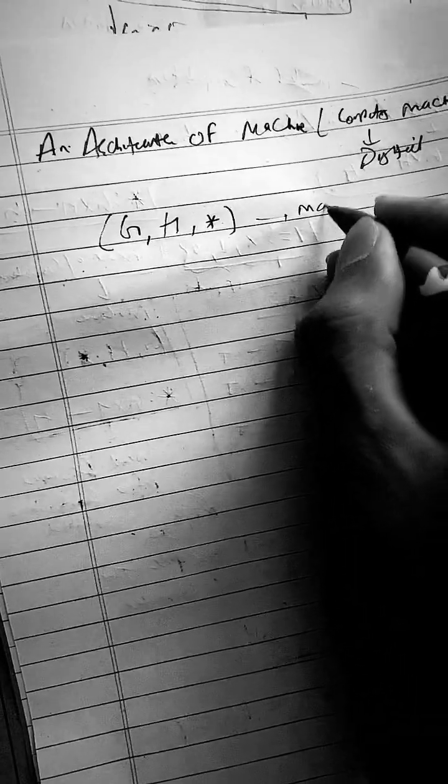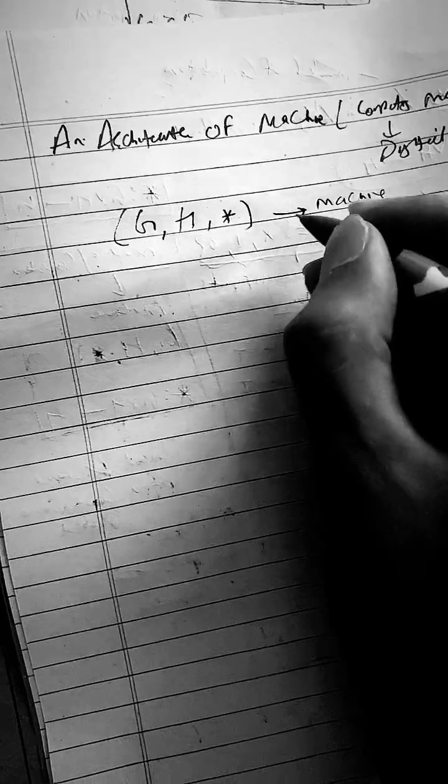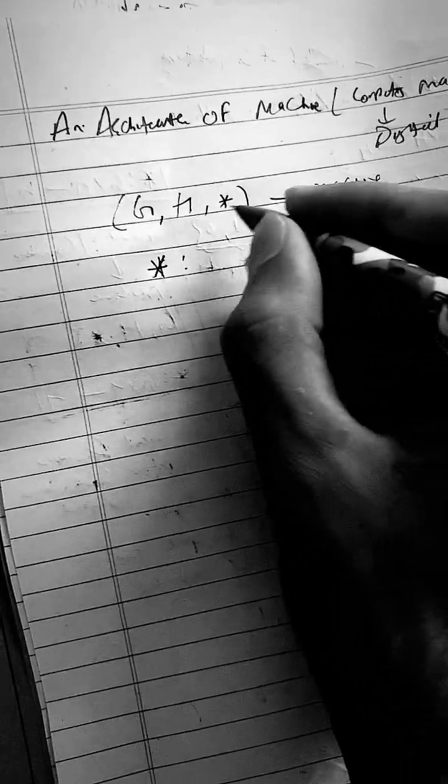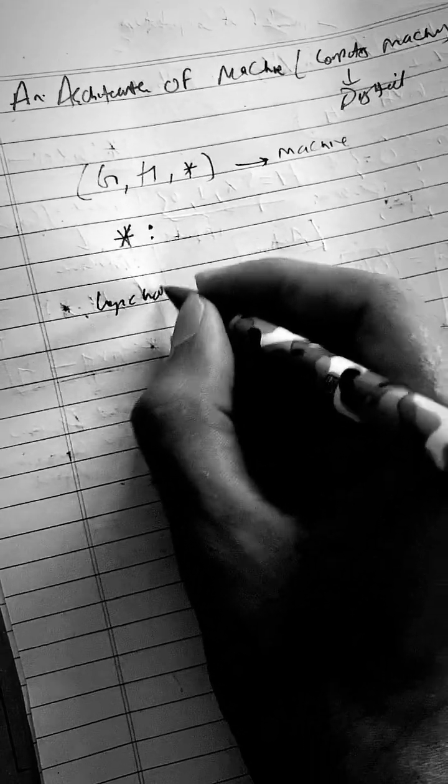A digital machine has this structure. And what is the star? The star is our logic gate.